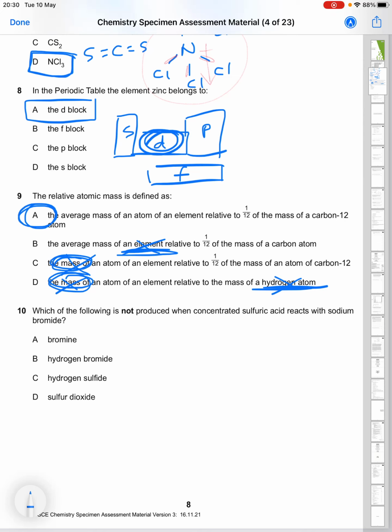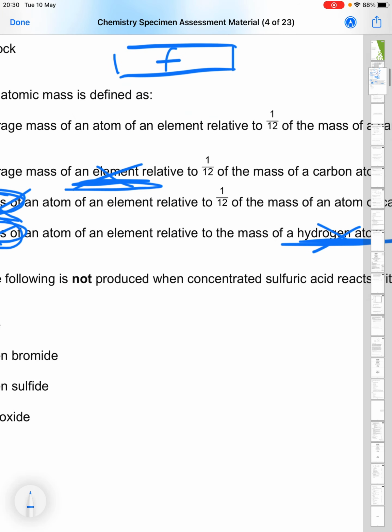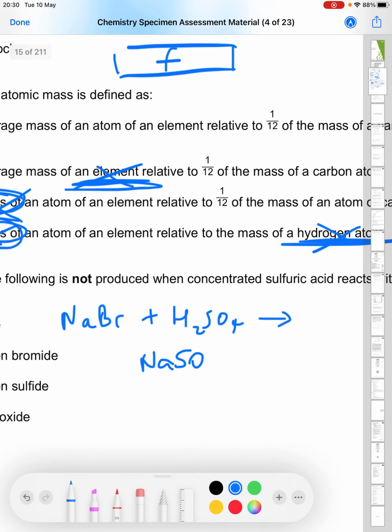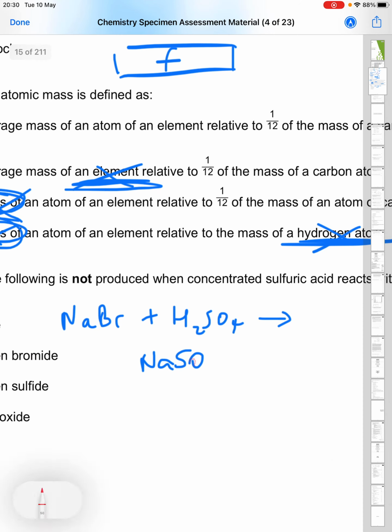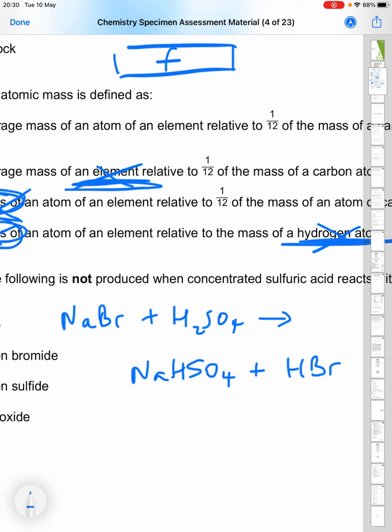And then number 10, which of the following is not produced when concentrated sulfuric acid reacts with sodium bromide? So it helps here if you can recall the reaction of sodium bromide with sulfuric acid, so I'll just write it for you. So NaBr and H2SO4 gives you, as all of these do, the hydrogen sulfate, NaHSO4 and HBr.